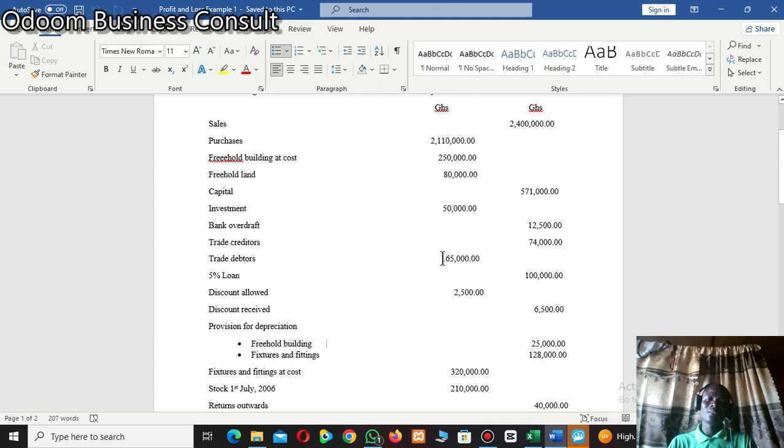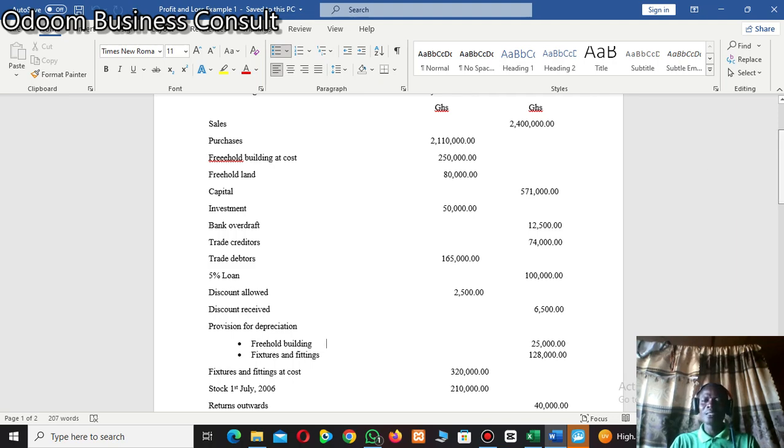If at the end of the accounting year we cannot collect an amount of 5,000 from this figure, then per the accounting principles of matching and prudence, we are to disclose all the necessary expenses or losses that we expect to incur within the accounting year.